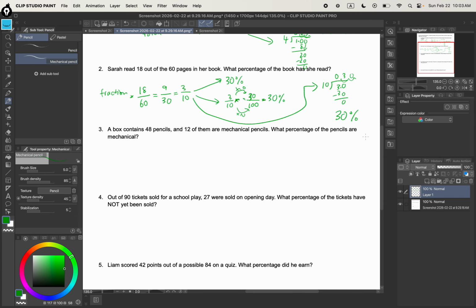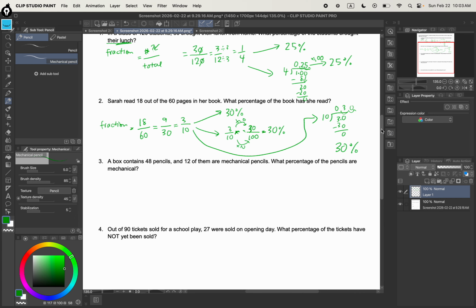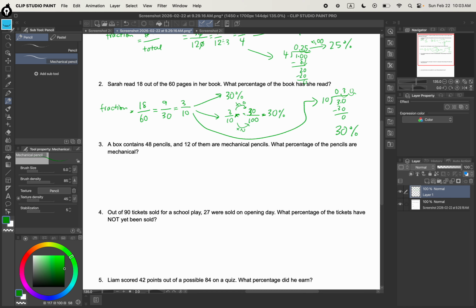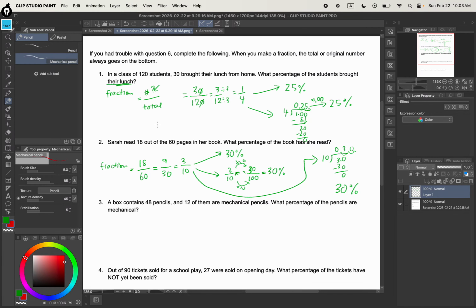And don't forget this. You need to answer these in a sentence. So I'm going to answer it here, and I need to do that for the previous one too. What percentage of students brought their lunch?